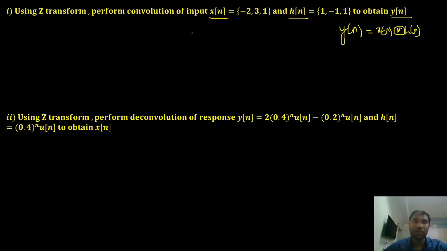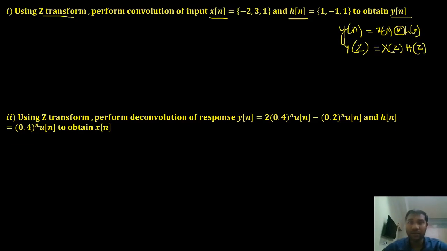This we are trying to perform using Z transform. So if I apply Z transform, what will happen? Y of z equals x of z multiplied with h of z. Right? Y of z is nothing but the multiplication of the two transforms.